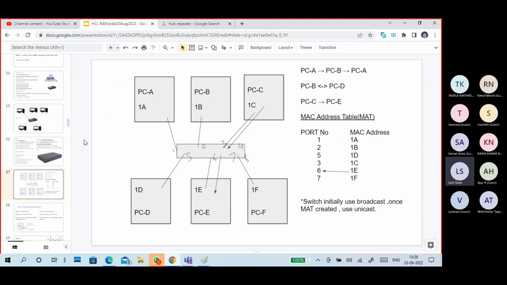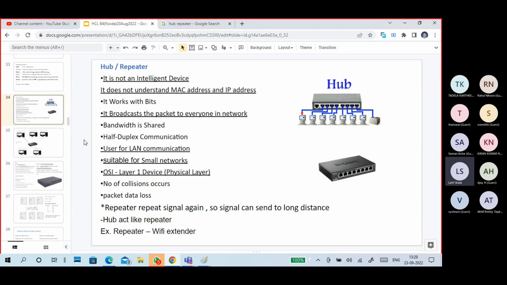And also repeater. A repeater example is a Wi-Fi extender. You have a Wi-Fi router, but you have a very big house. In certain places, you won't get good signal strength. What we use is a Wi-Fi extender, so then you can receive a much better signal. The Wi-Fi extender receives the signal from the Wi-Fi router, and again repeats the signal, so then we can get the signal in a much better way.